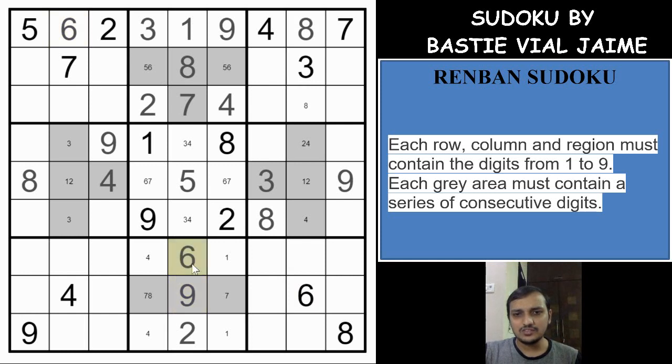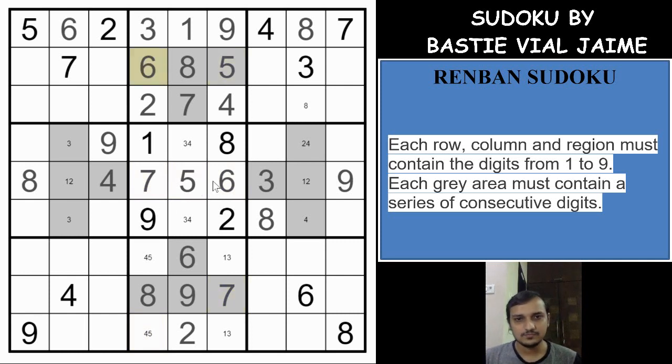So the 2 numbers remaining will be between 6 7 8 9, which gets a 7 here and 8 here by the classic rules, because we have an 8 here, and the only 2 numbers remaining will be 3 and 5. So 3 has to be here in these 2 cells because of the 3 here, and 5 has to be here. So the 6 7 pair in the middle box is now fulfilled by the 7 here, which gets a 5 and 6 here because of this 6, right?